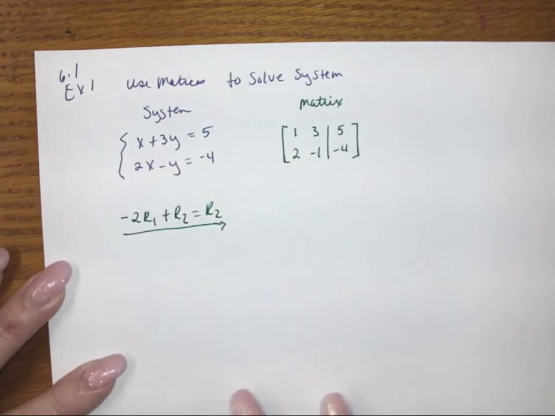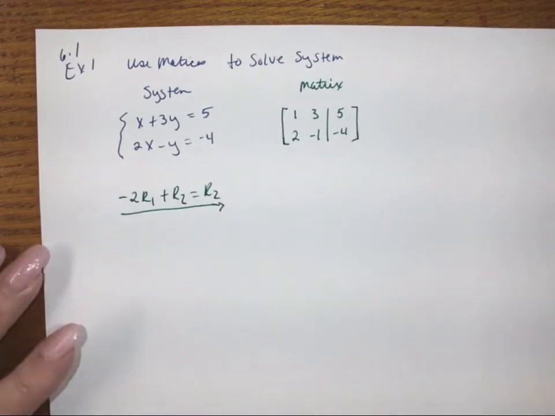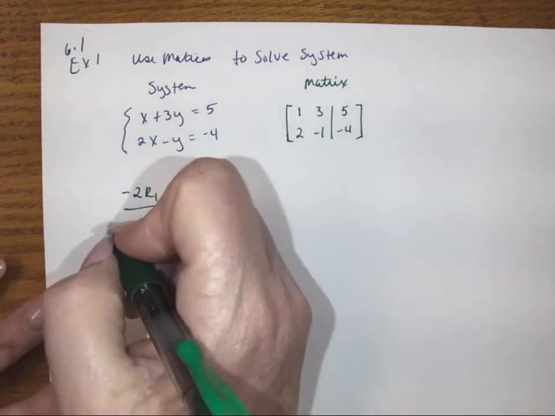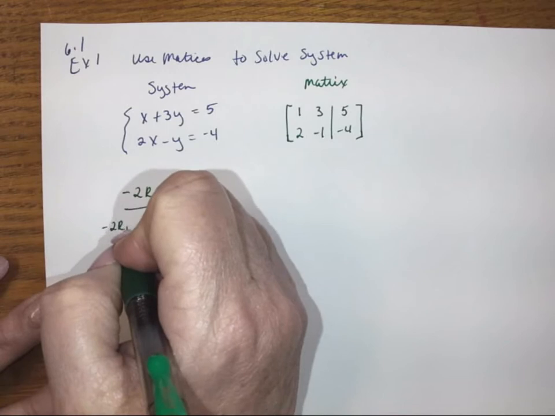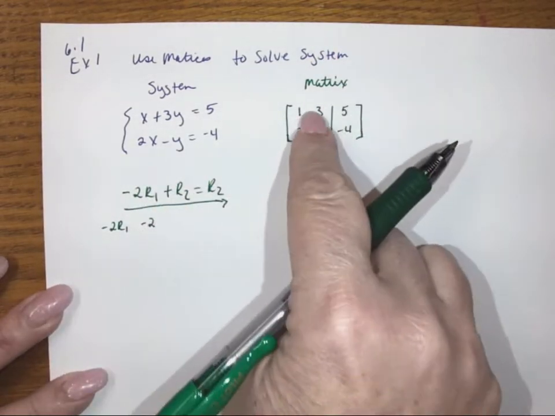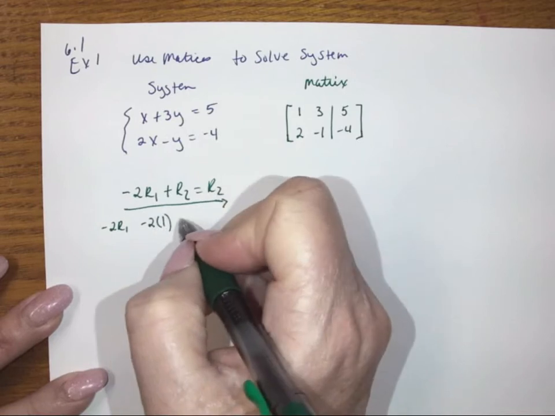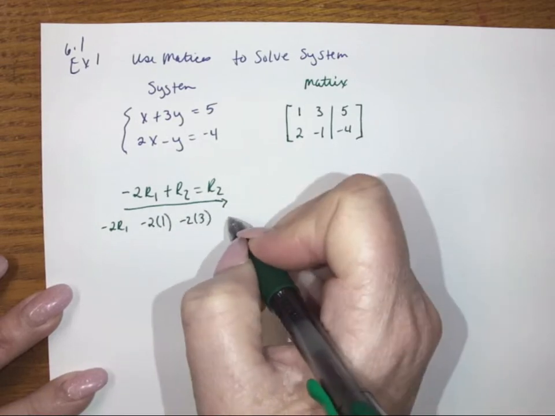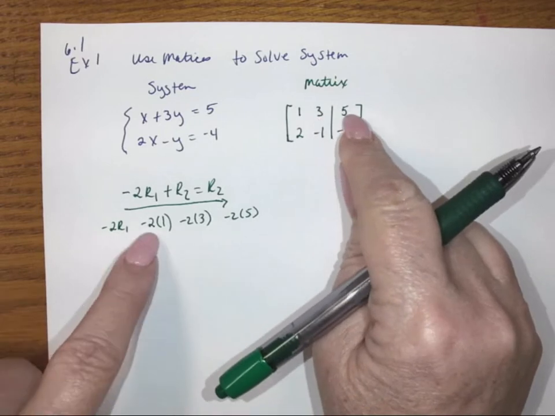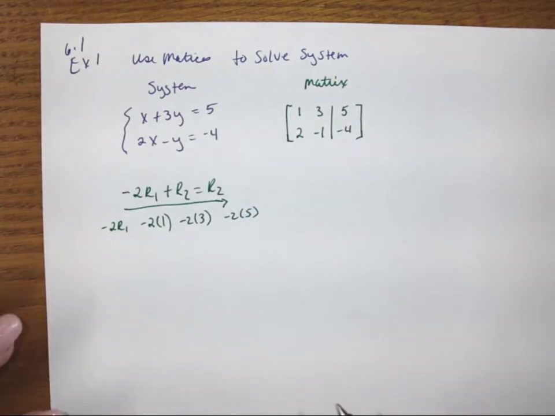I add a little bit more in the operation so we can actually see what we're trying to do. All right, so negative 2 times row 1, we're going to have negative 2 times 1, negative 2 times 3, and negative 2 times 5. So 1, 3, and 5 are each getting multiplied by negative 2.